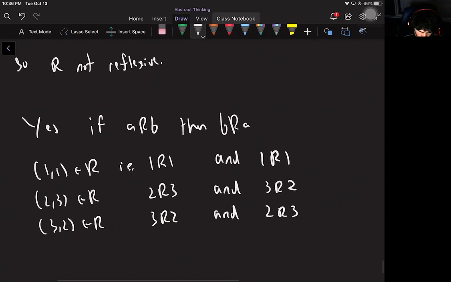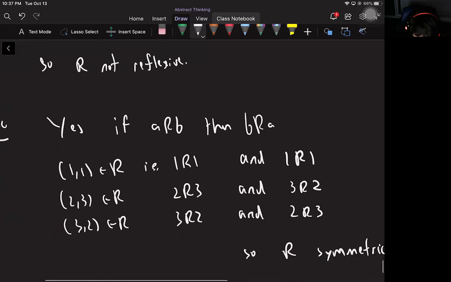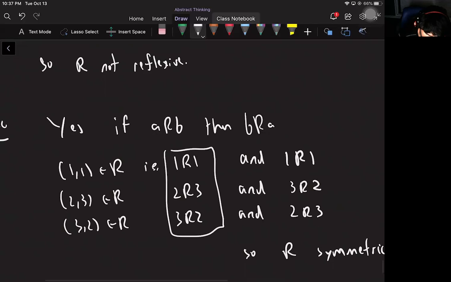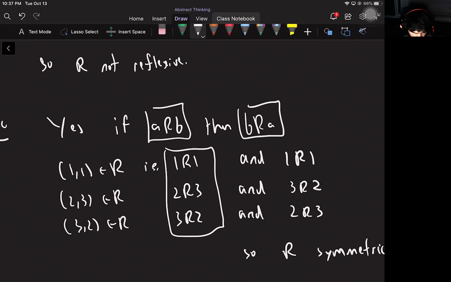Yes, 2 is related to 3. So R is symmetric. In this contrived example, I'm literally checking every possible case. But that's not so hard, because every time something is related to something else, I can check manually if the opposite is true.